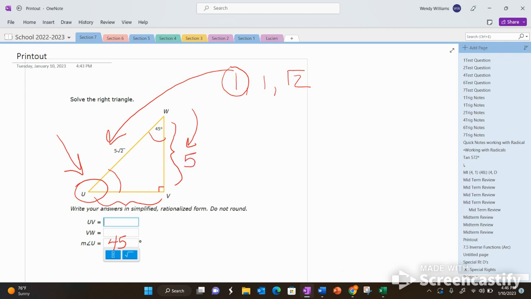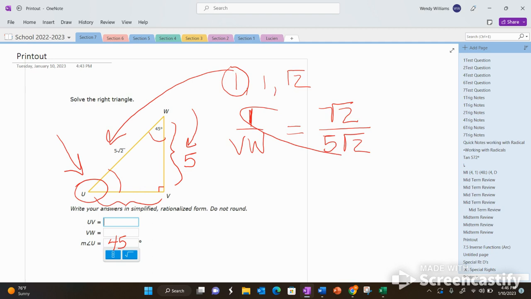If you don't remember that, we can simply set up a ratio and proportion and say, hey, 1, the original leg, compared to VW that we don't know, is equal to square root of 2, the hypotenuse of the original, times what we do know, 5 square roots of 2.